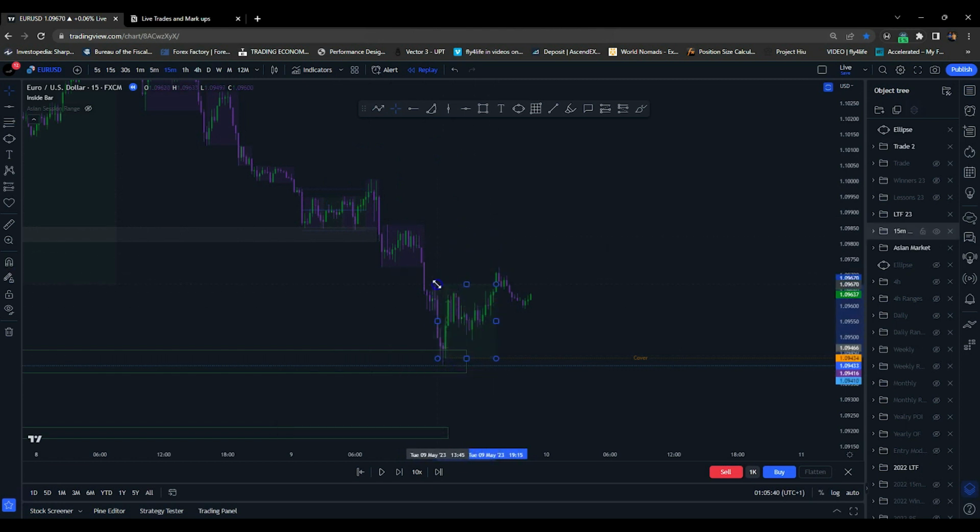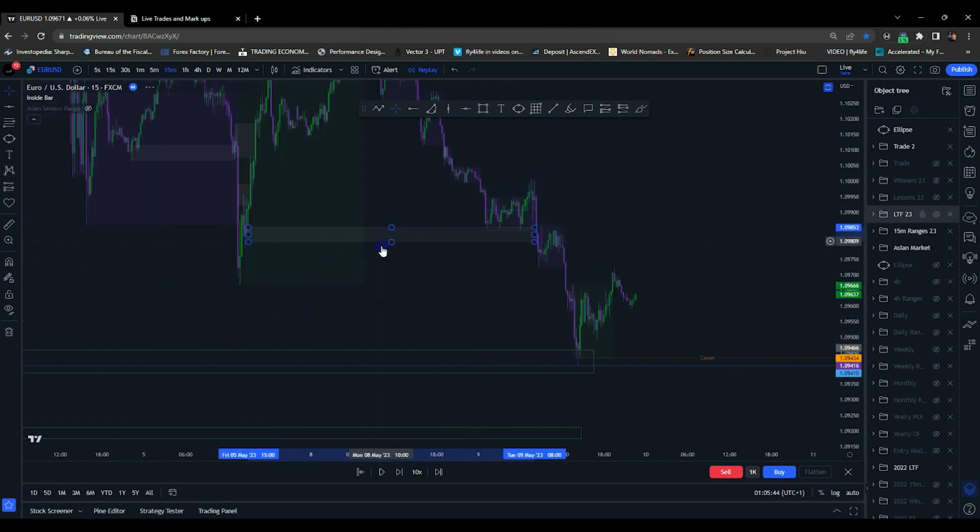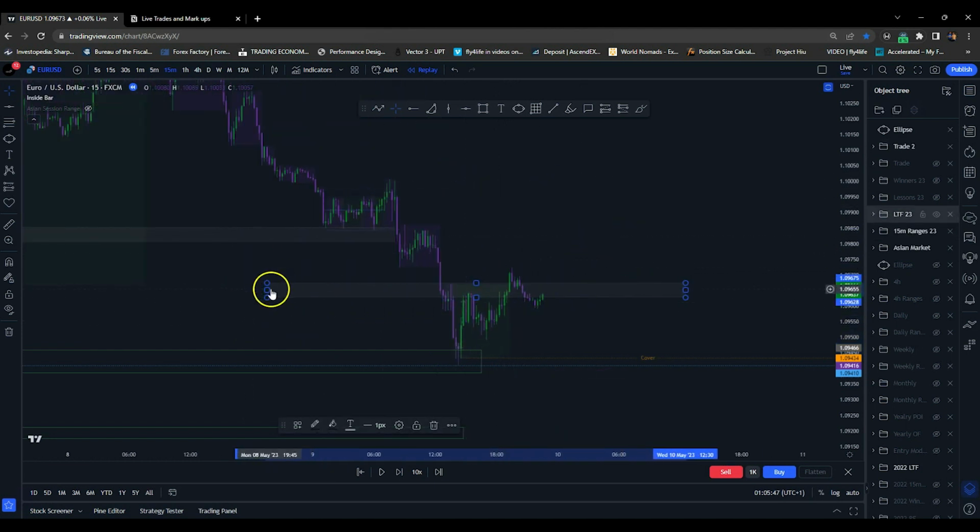And I saw this supply to demand range flip. I saw that very nice point of interest, supply to demand point of interest flip.